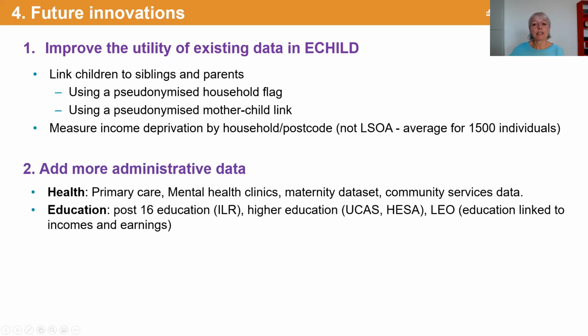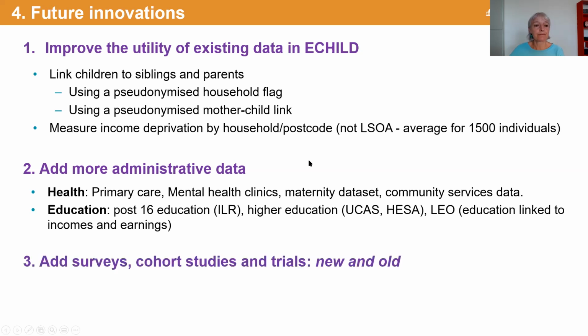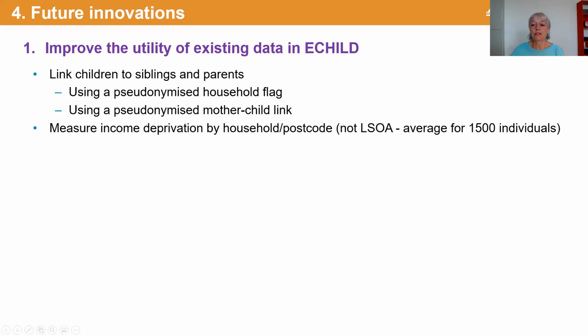Another suggestion is to increase the precision of measures of income deprivation. The standard index of deprivation that we currently have measures income deprivation averaged across a lower super output area, which is roughly 1,500 individuals.